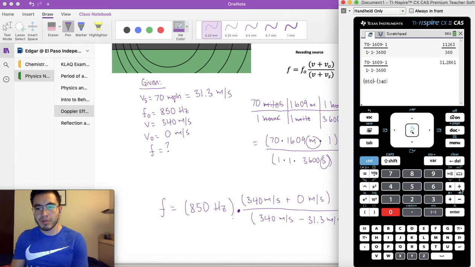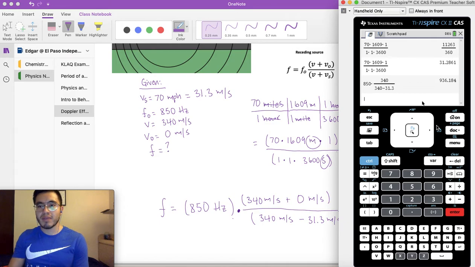That one's very simple. Now divided by parentheses again, 340 minus 31.3. Close this parentheses and close the second parentheses. I'm using double parentheses so that our Inspire knows 340 minus 31.3 is an operation by itself. Because if not, we would get a crazy number, okay?